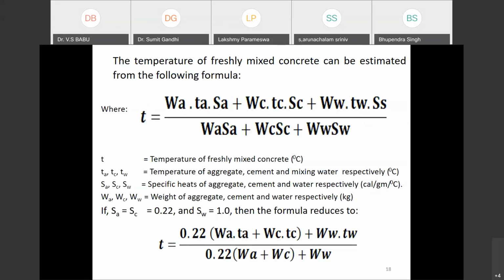If you consider the standard values, the specific heat of aggregate and cement is 0.22 and the specific heat of water is generally 1.0, then the above formula reduces to a very simplified form. With this formula, you can calculate the discharging fresh concrete temperature very easily.